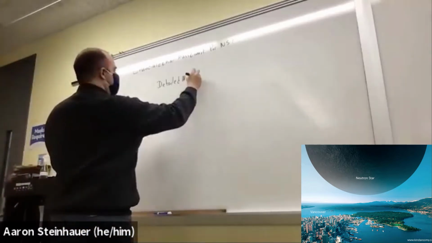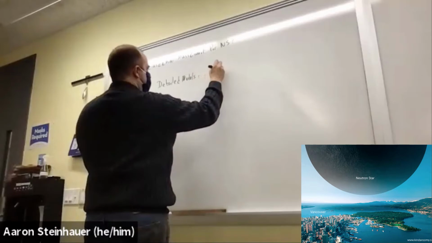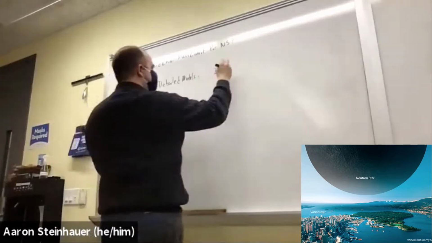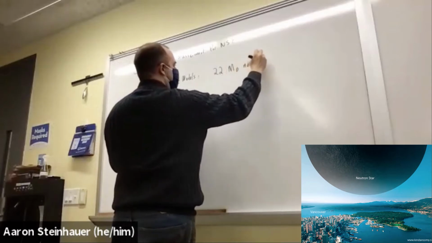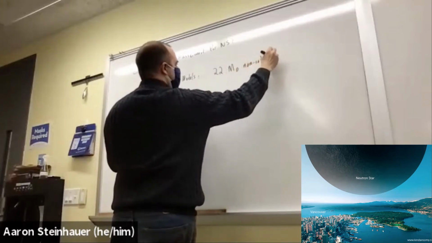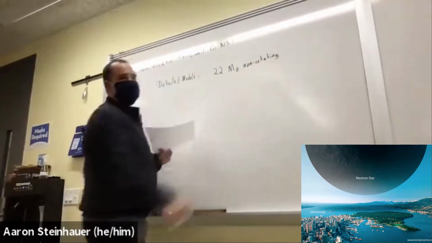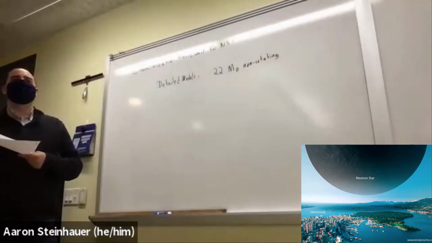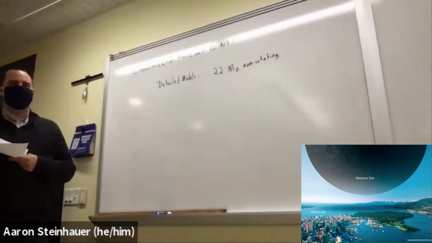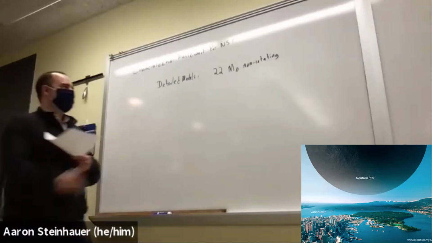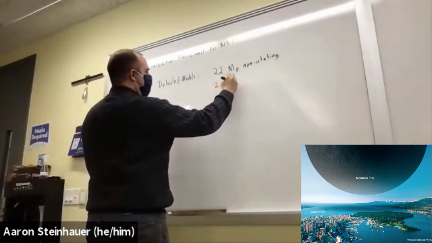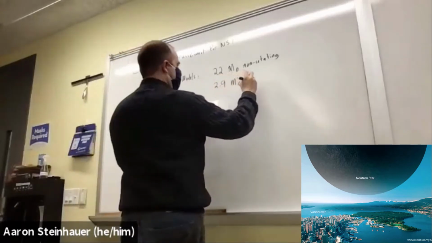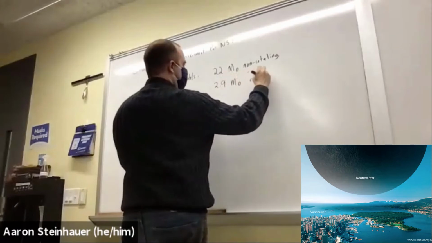Detailed models suggest something like 2.2 solar masses for a non-rotating neutron star, but I'm not even sure such a thing exists. It's probably not possible to have a non-rotating neutron star. Probably all of them are spinning at ridiculously high rates. And if you spin this thing, it can get up to like 2.9 solar masses for a rapidly rotating one.